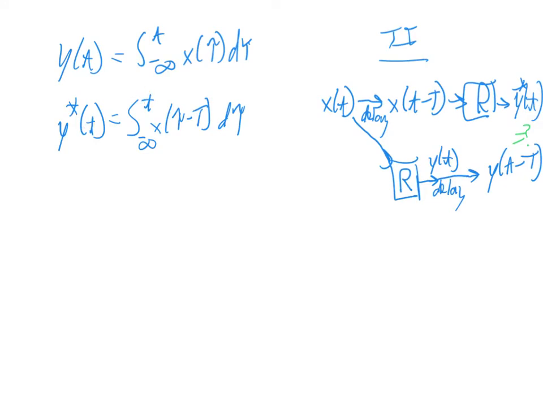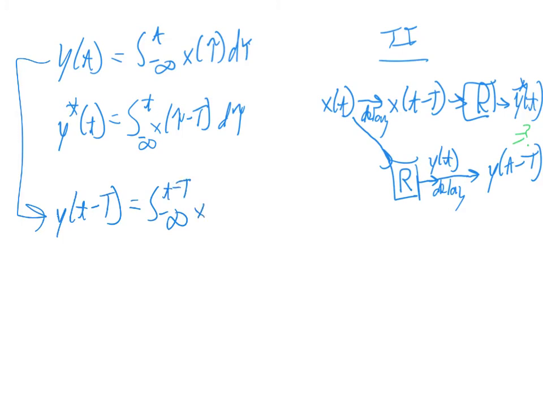And the bottom path just tells us to take the system applied to the signal, so that's this y of t I have right here, and then delay whatever that output y of t is by capital T. So I take this equation and I delay this here by capital T. So now we're going through the bottom path. I want to take that equation, but I'm going to replace all the small t's with t minus capital T. So I get this integral, and that's my delay.